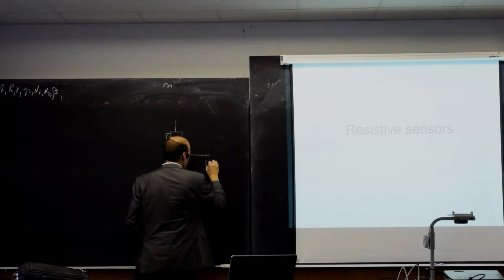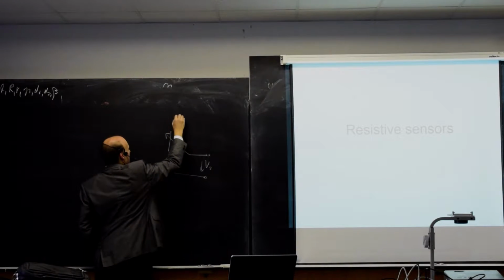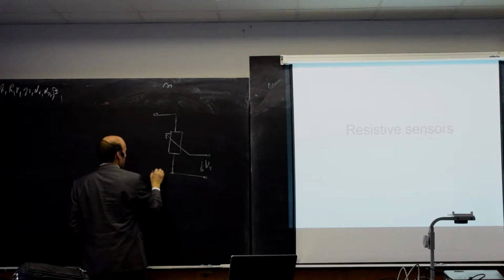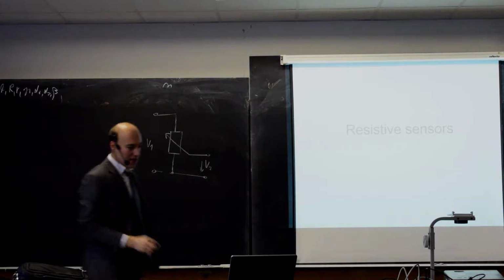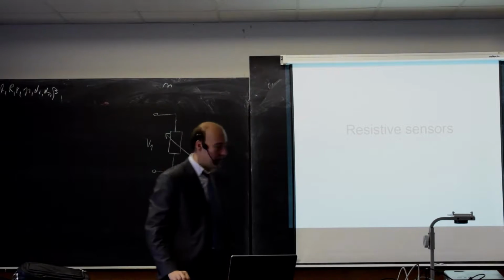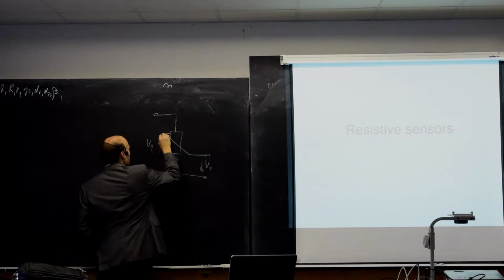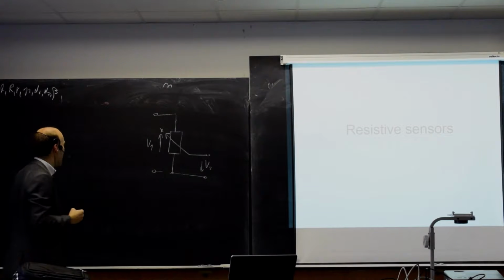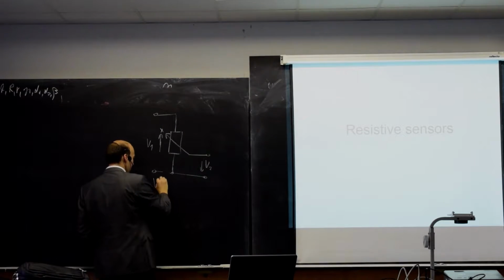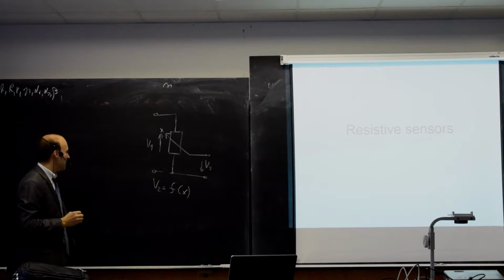So this will be the output voltage. Let's call that V2. And here we will have the input voltage. Let's call that V1. Since we will be changing the position, the position of the slider, let's call that X, is what we want to measure.